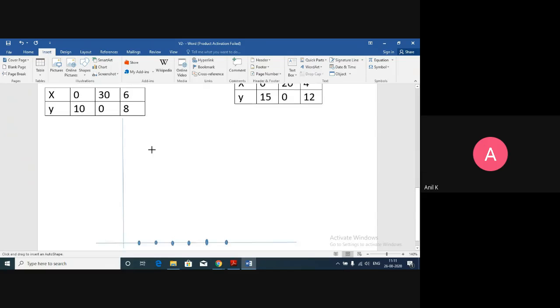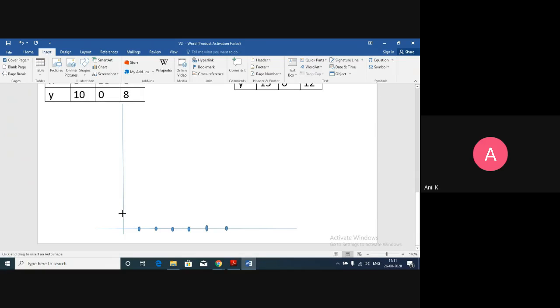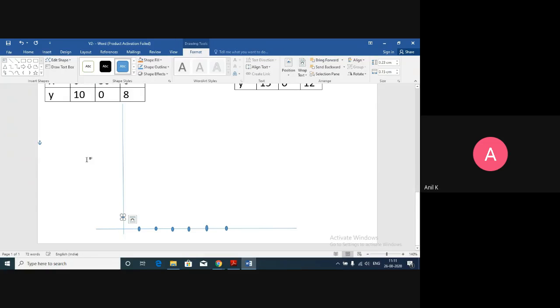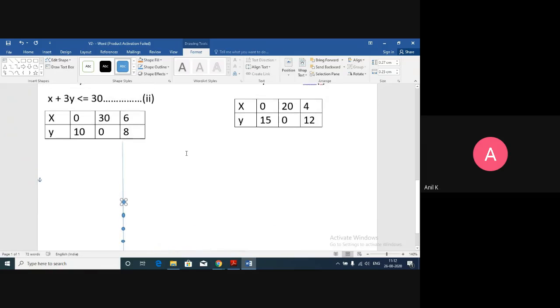On y-axis, I think I have till 15. So what you do is, y-axis you can take the different values. Or maybe we will go for same. 5, 10, 15. Go for 20. We stop here 25. Now let me represent the first equation.